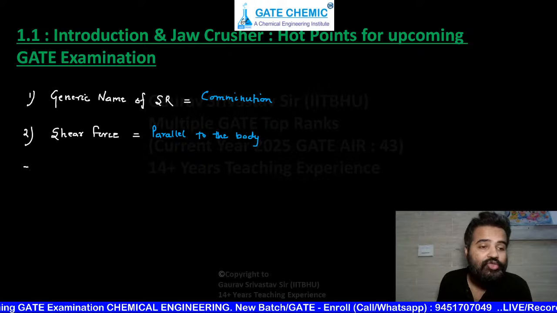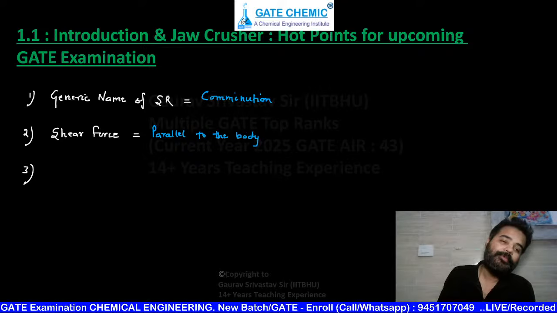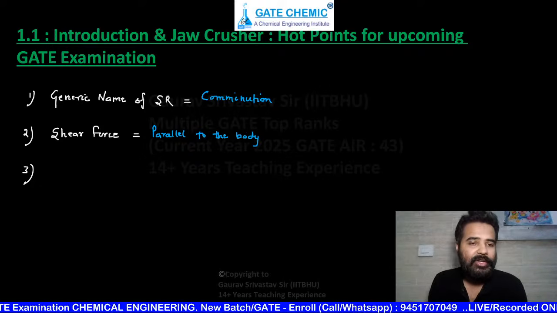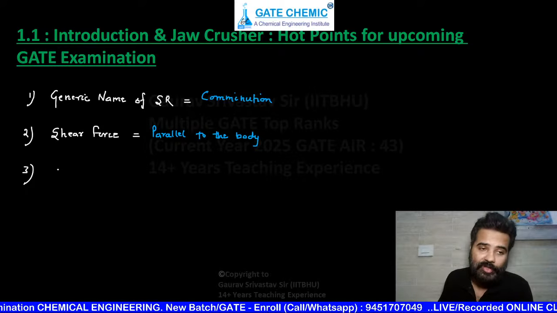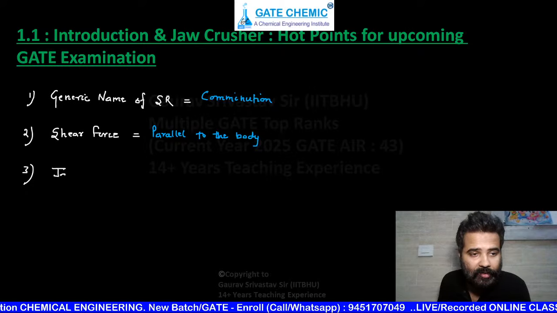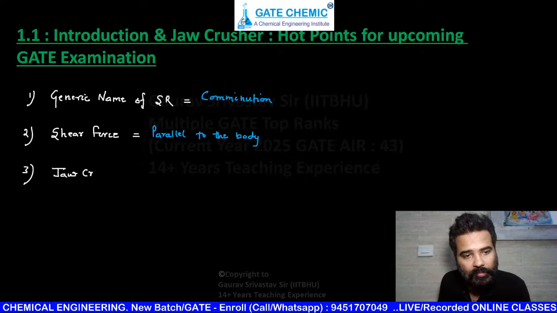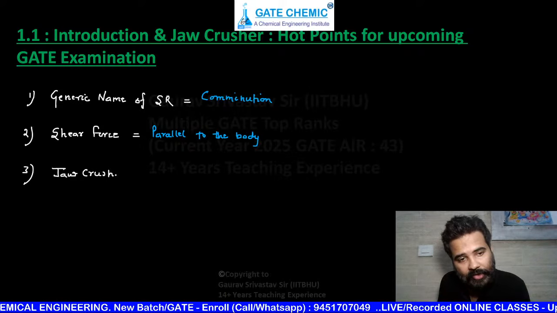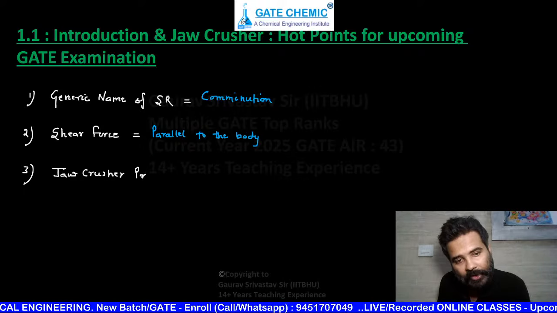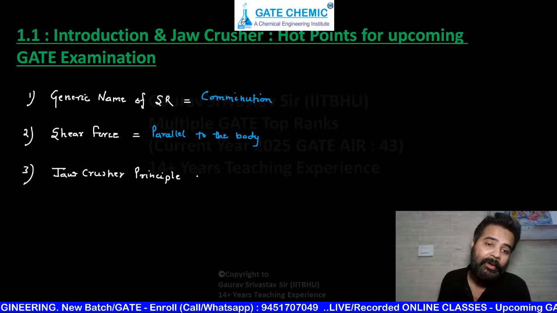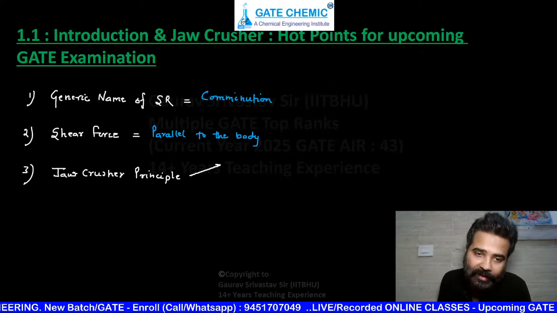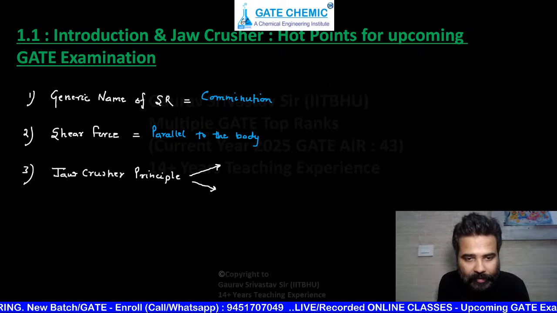Then, after these two basic points that can be asked in examination, now the third point is principle of jaw crusher. So, please write jaw crusher principle. Now, here, my dear students, you have to classify it in two ways.